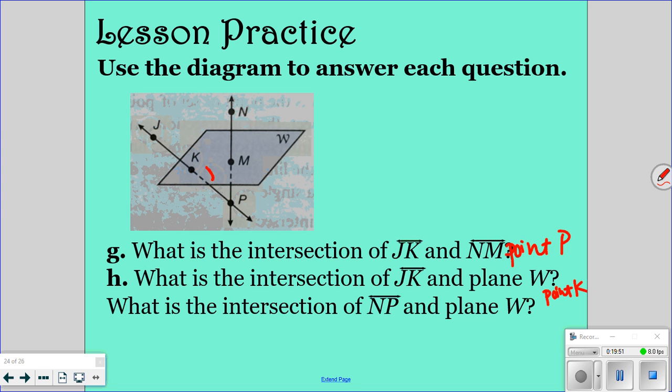That means that it's going behind the plane right there. So that's where they touch at K. And then it says, what is the intersection of line NP and plane W? Again, the intersection is going to be point M because that's where they touch. So hopefully you got those correct.